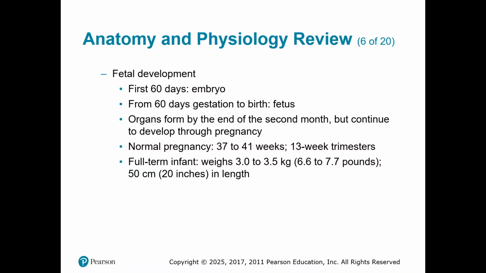Organs form by the end of the second month, but they continue to develop through pregnancy. Normal pregnancy is anywhere from 37 to 41 weeks. It's a 13-week trimester. A full-term infant should weigh anywhere from 3 to 3.5 kilograms or 6.6 to 7.7 pounds. It should be around 20 inches in length.